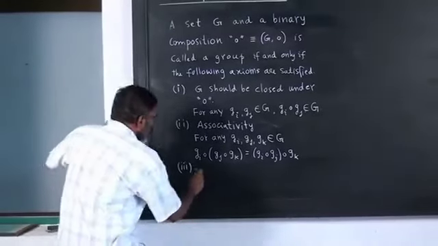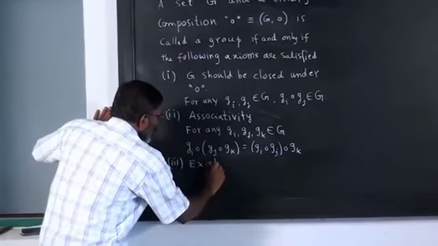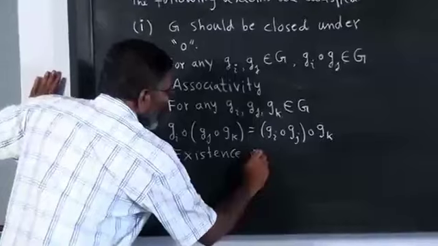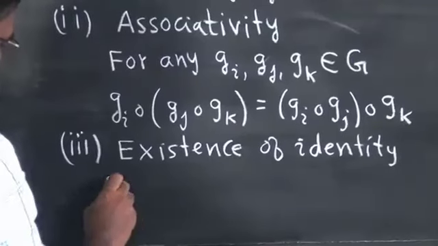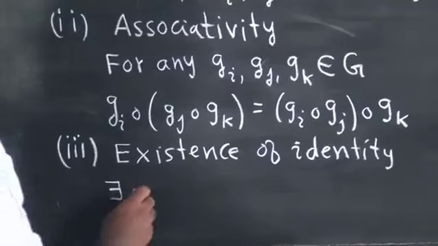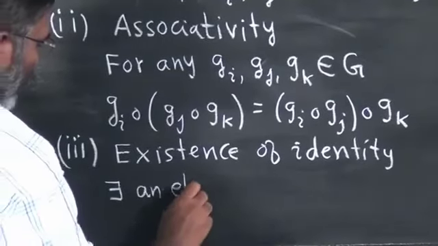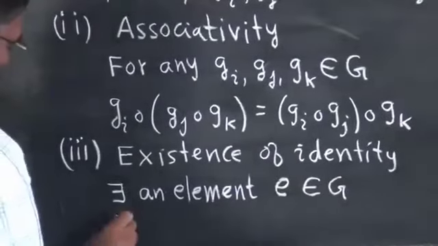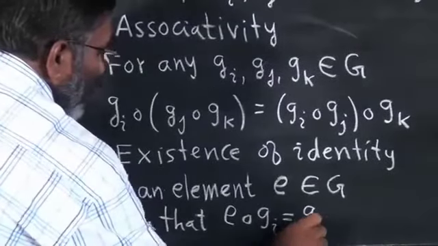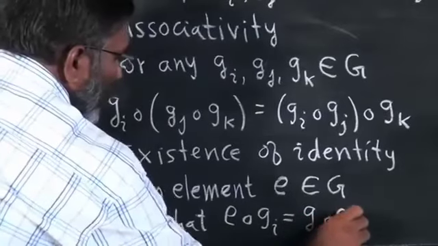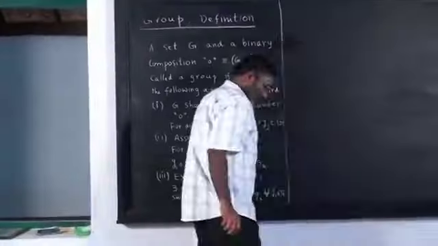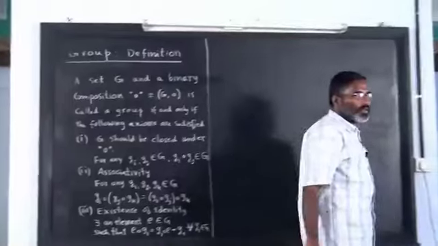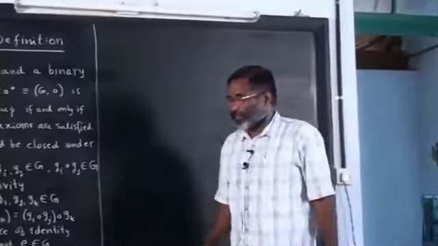The third property is that there should exist an element E in G such that Gi composed with E equals Gi, and this should be true for all Gi in G. Such an identity element should exist in the group.